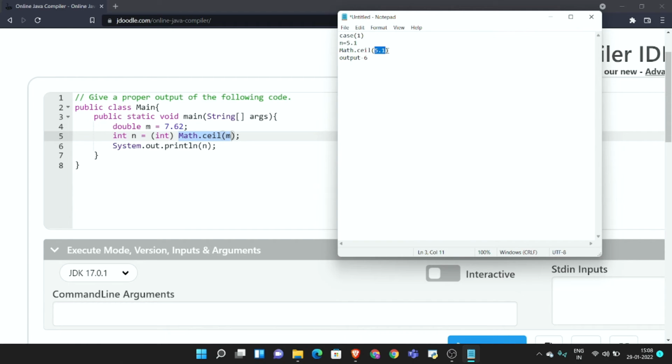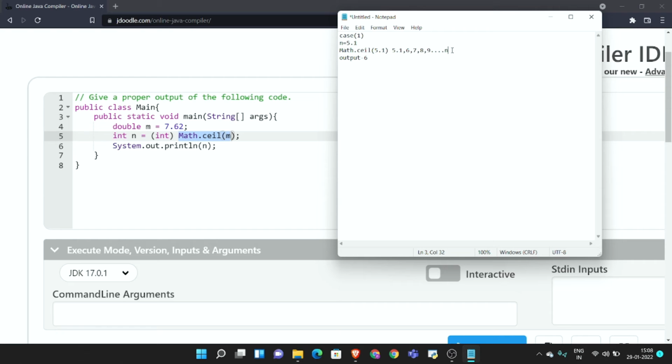And what numbers are greater than 5.1? 6, 7, 8, 9, and so on up to n, right? So math.ceil will take an integer which is greater than 5.1, and among these numbers it will take the least number. Yeah, this is the least among these, 6.